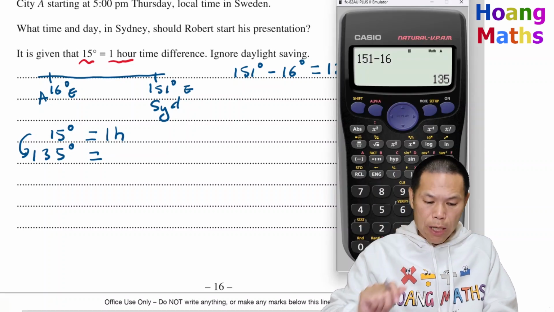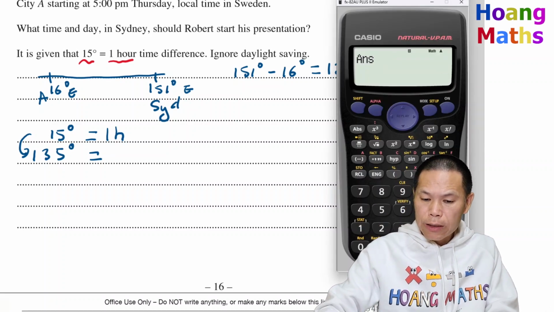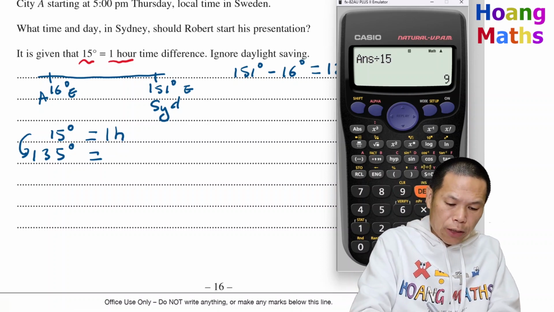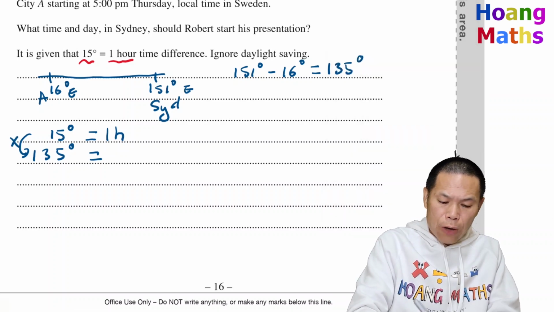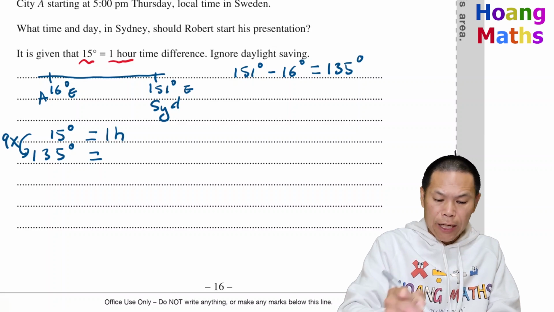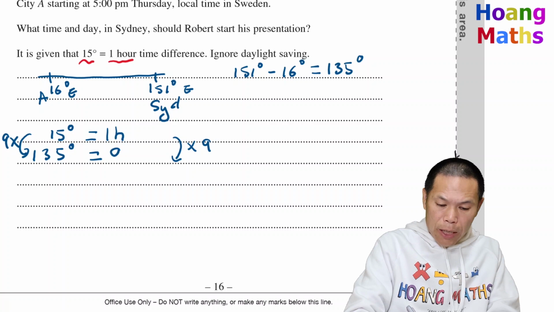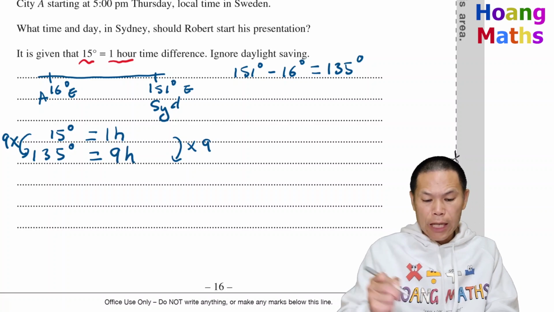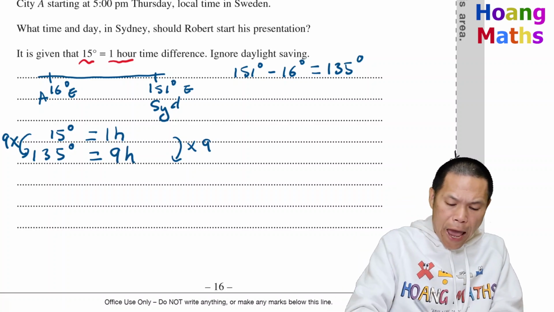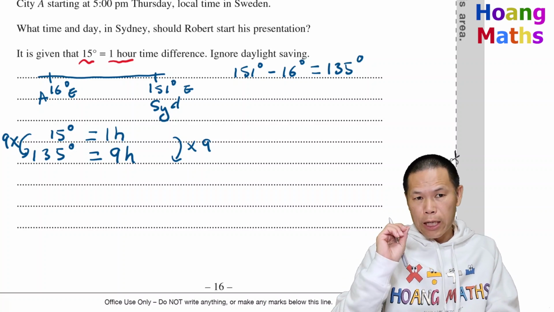That gives me 9. So from 15 to 135, we times 9. Therefore, we do times 9 here as well. So 1 times 9 is 9. That is a 9 hours difference. Keep that in mind.